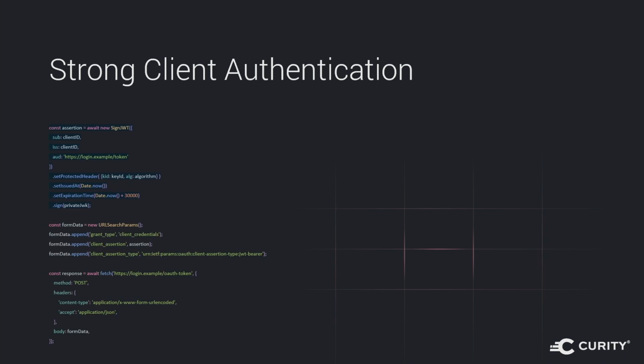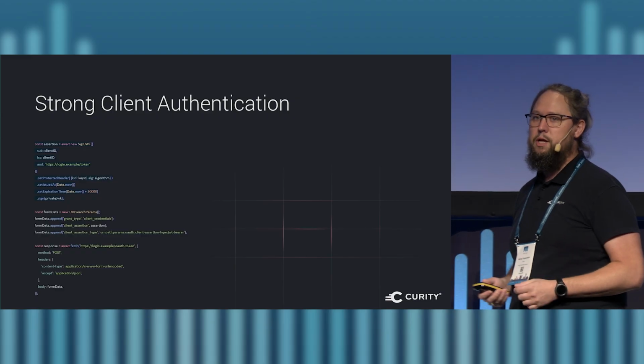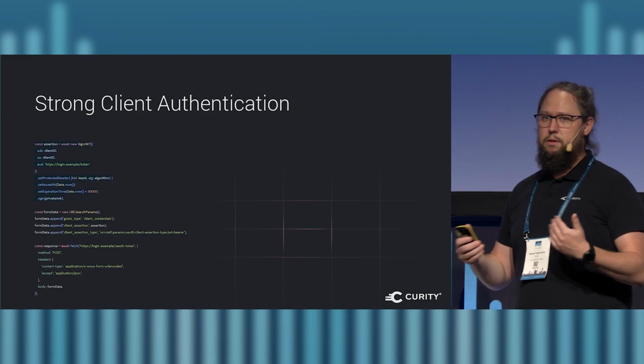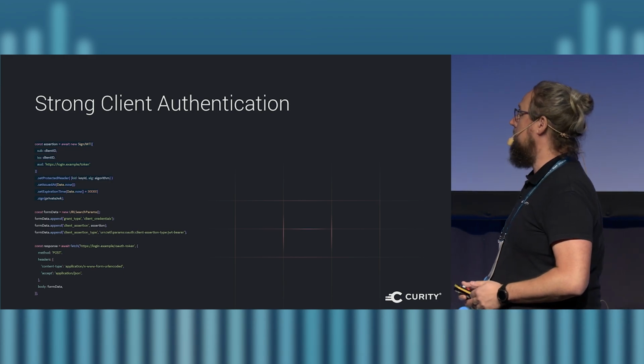Once it has created that JWT, it puts the JWT in the body of the request to the token endpoint, and when it calls the token endpoint, it authenticates with that JWT. Even if the attacker intercepts that request, they will only get that JWT, so they will only be able to make more requests to the authorization server for as long as that JWT is valid, and they won't be able to authenticate after that.